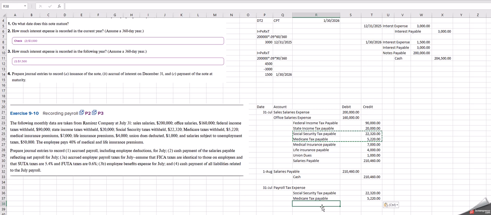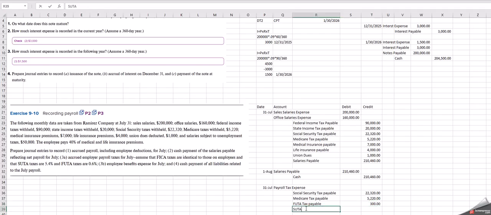Now, it tells us that salaries subject to unemployment taxes are $50,000. So if we have FUTA tax payable, again, remember the employees don't pay it, only the employer. So if it's 50,000 times 0.006 or 0.6%, whoops, no, that's not a date. We don't want that to be a date. $300.